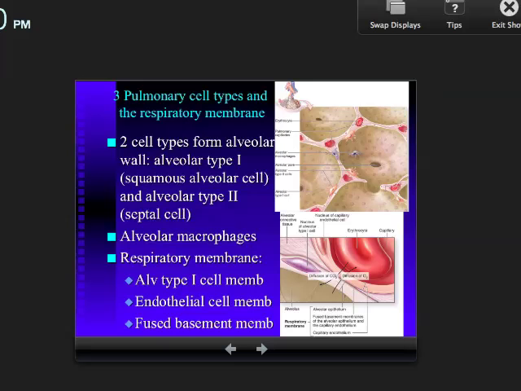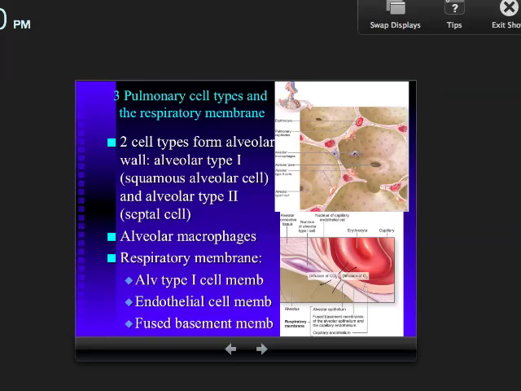Now, in addition to these alveolar type 1 cells that form the simple squamous epithelium, there's another cell that you see scattered about here, known either as alveolar type 2 cells or as septal cells. These cells function to produce pulmonary surfactant.